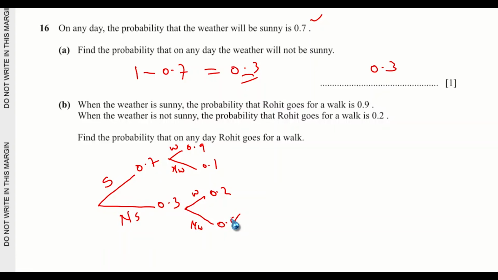Now the question asks us to find the probability that on any day Rohit goes for a walk. So it's going to be this and this.